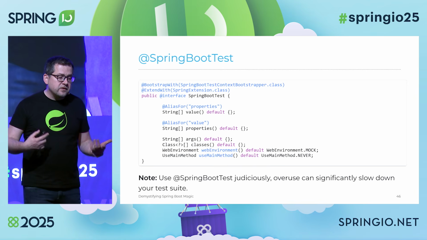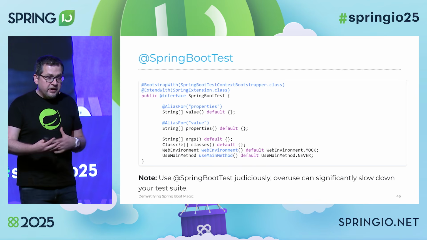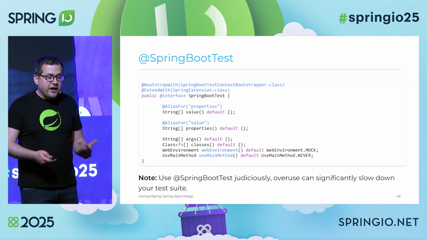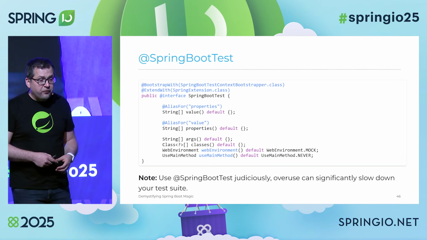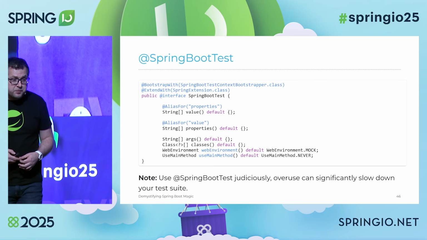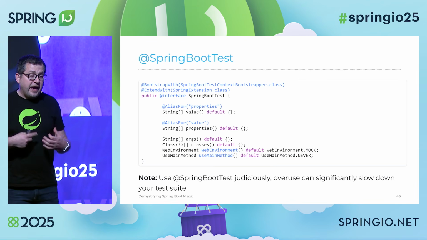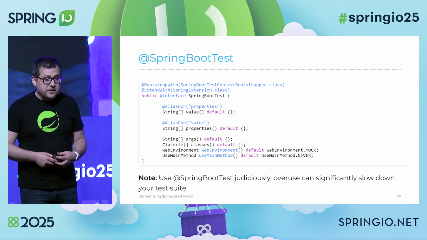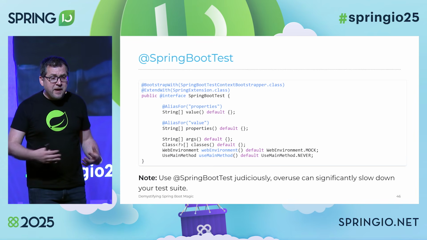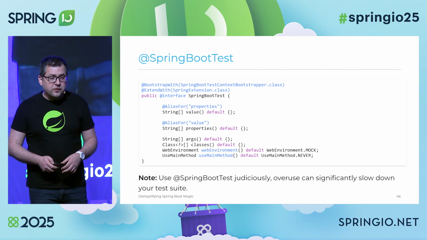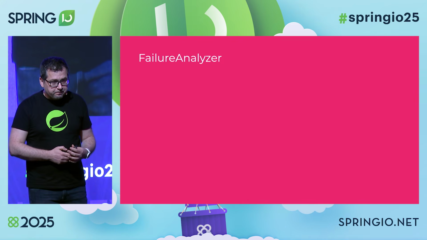So Spring Boot test is nothing else than just a composed annotation, and it just uses some features which are there, and of course which will be then used in testing. But as I said before, make sure you do not use Spring Boot test all the time, because you are doing full integration tests and it makes your test suite quite slow. So unit tests is still the thing to go, of course, for many tests, and for certain tests, of course, it's necessary to do so with Spring Boot tests.